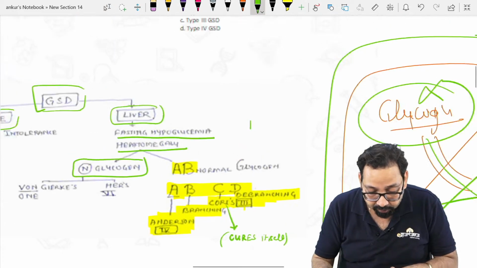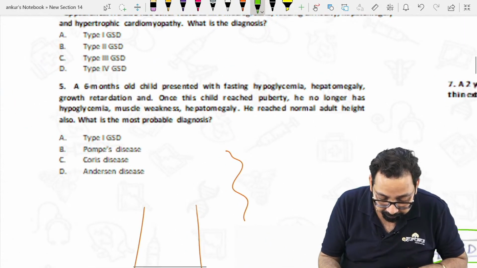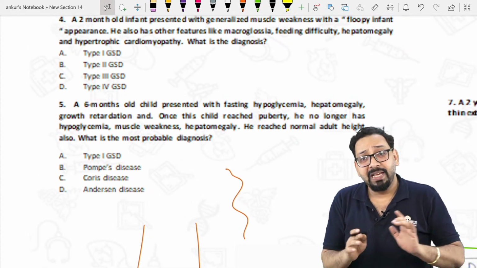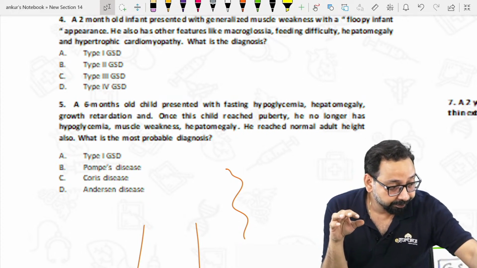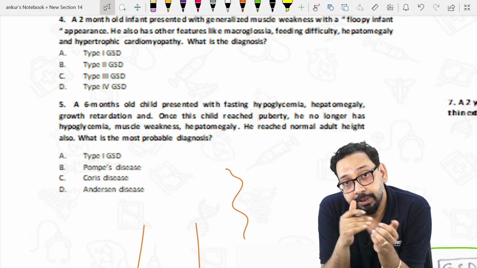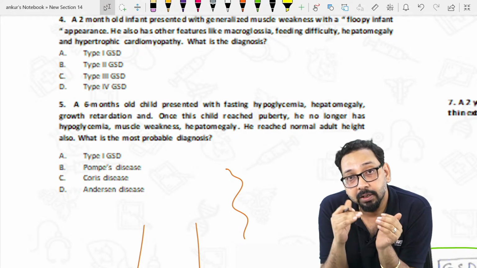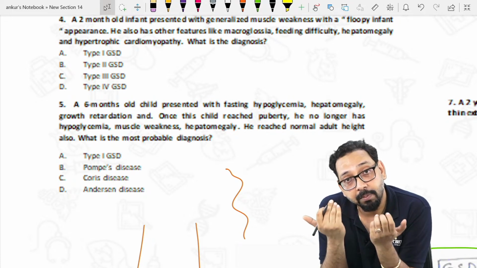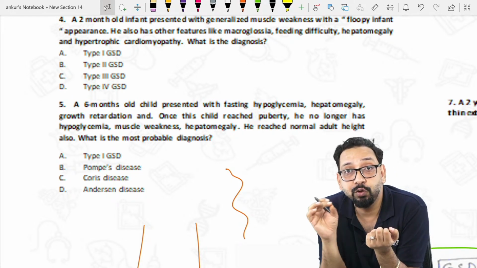Let me tell you, cures itself means many times you will find that the patient cures itself when reaching adulthood. Initially hepatomegaly is there, fasting hypoglycemia is there, growth retardation is there. When this patient reaches adolescence, at that time he recovers. Many times in Cori's disease, Cori's cures itself.